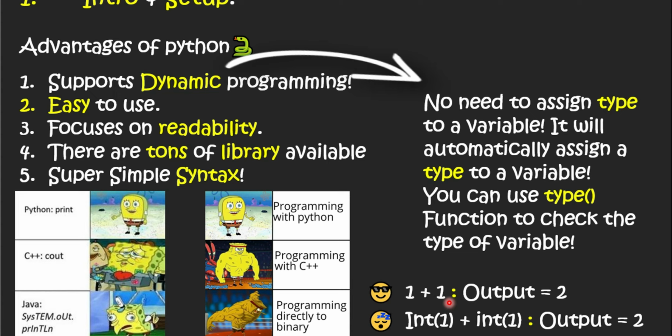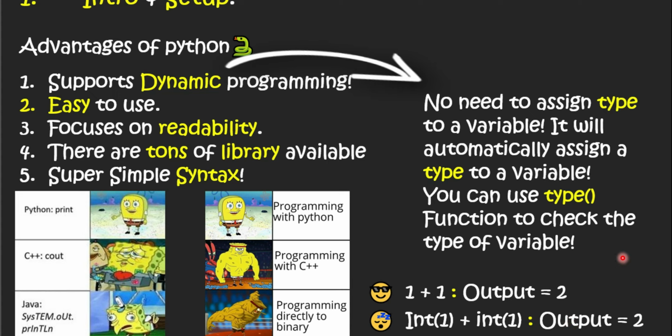We are not talking about floats, strings or anything else. Python would directly understand that we are talking about integers, and it would calculate the output for us. Whereas in other programming languages we have to do int 1 plus int 1, and then the output would be 2, or else we would have an error. So programming in Python is way easier than in other programming languages.